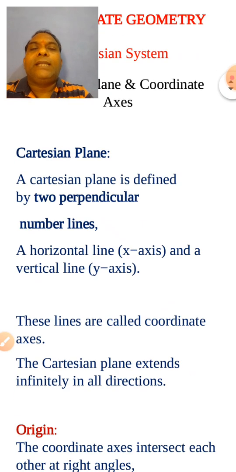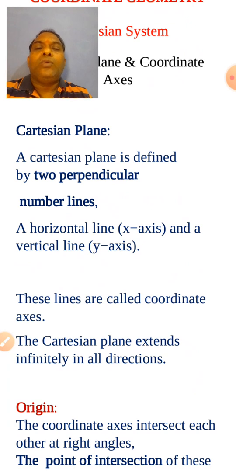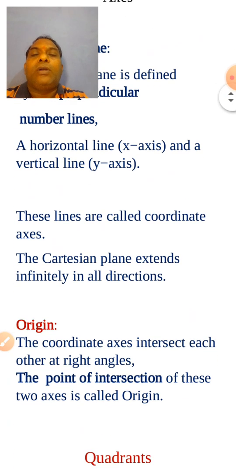So Cartesian plane. A Cartesian plane is defined by two perpendicular number lines, a horizontal line which is known as x-axis and a vertical line known as y-axis. These lines are called coordinate axes.